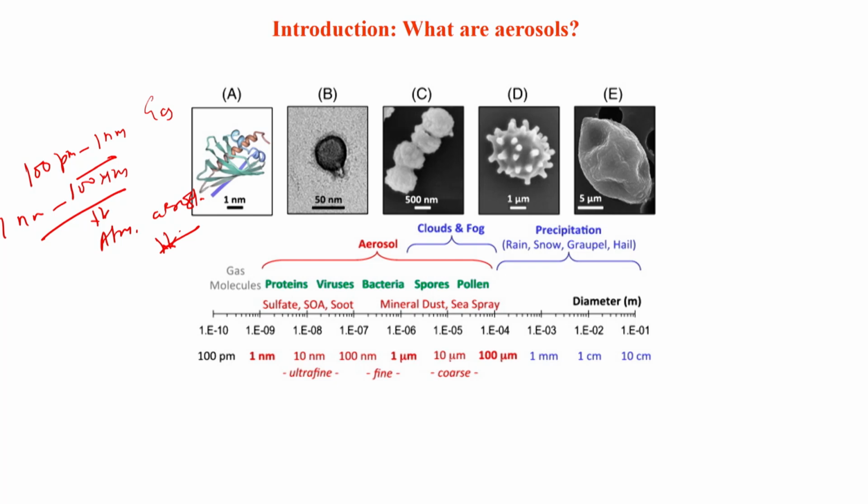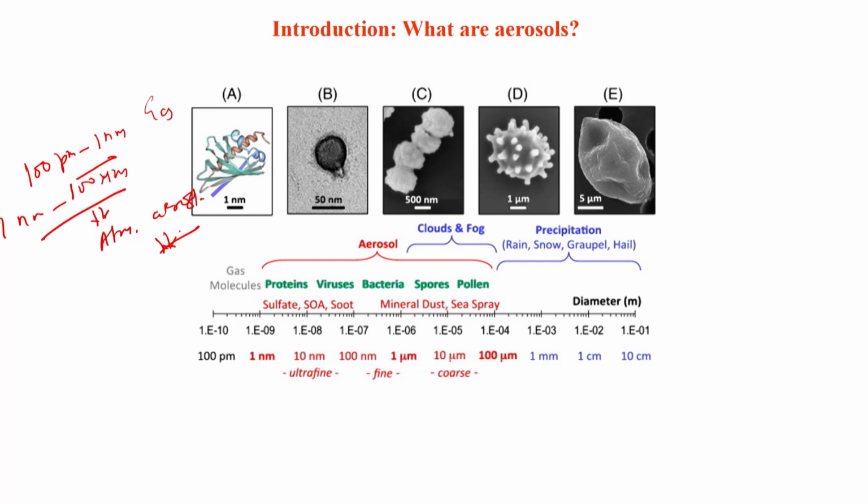micrometer, but as I said, atmospheric aerosols can also include liquid particles. So, in precipitation events, you can have rain, snow, graupel and hail, whose size could be from 100 micrometer to 10 centimeter. These sizes can also be there. So, in principle, they can also be classified as aerosols.